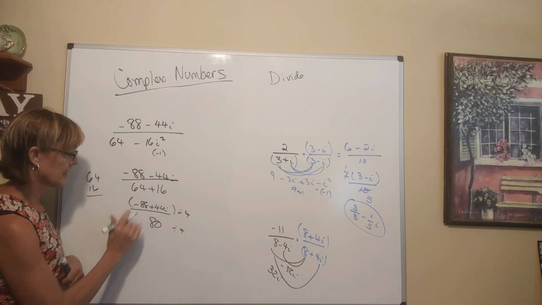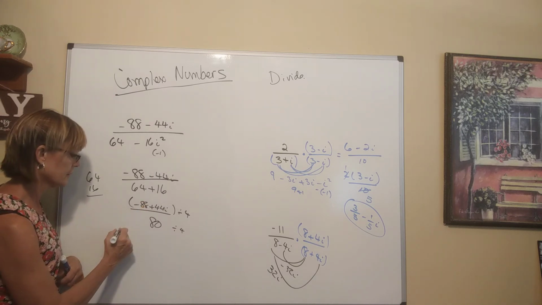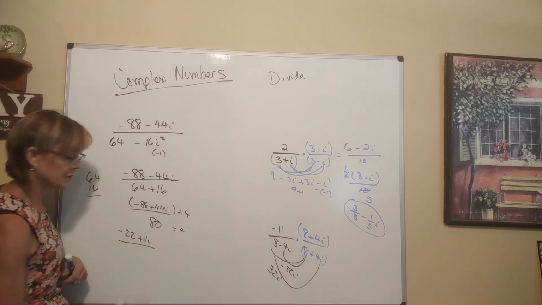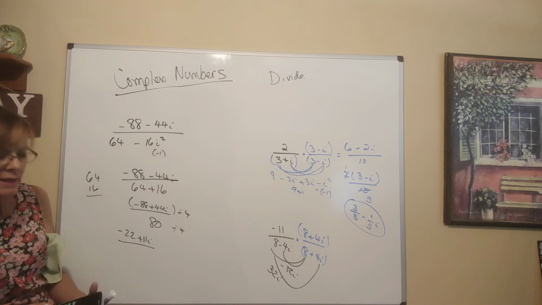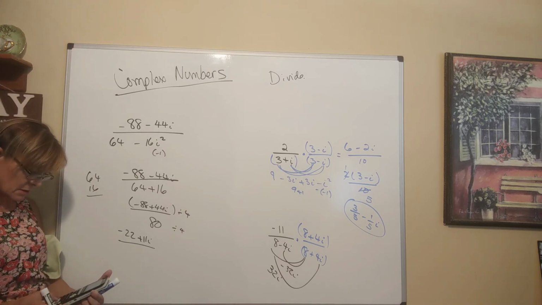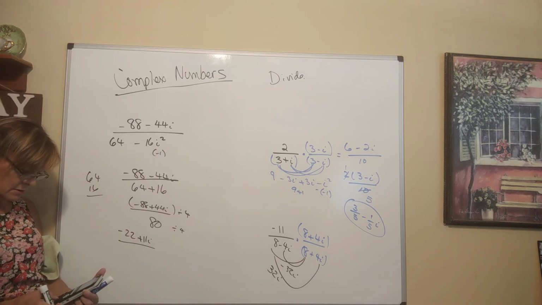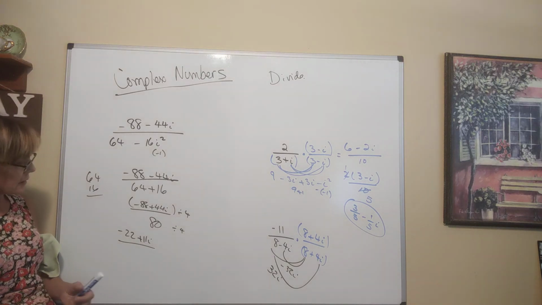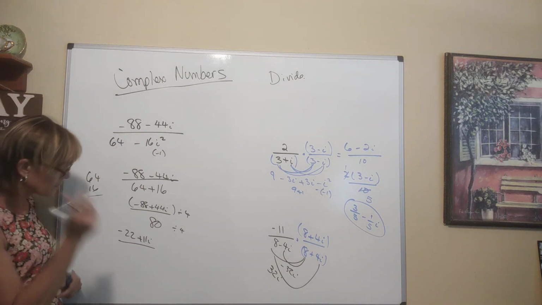How many times does 4 go into 88? 22 times, minus 22. How many times does 4 go into 44? 11. How many times does 4 go into 80? I think 15. I'm not sure. 80 divided by 4. Oh, it's 20. That makes sense. I don't know where my brain is.